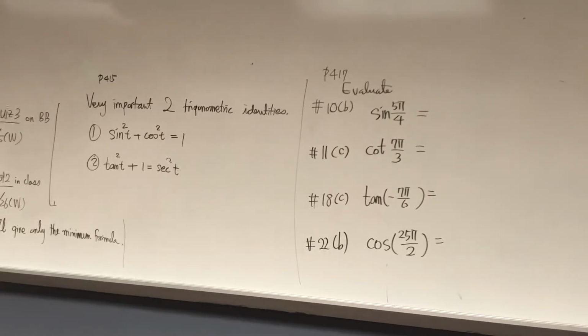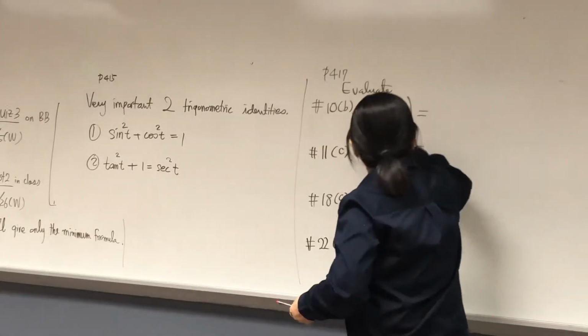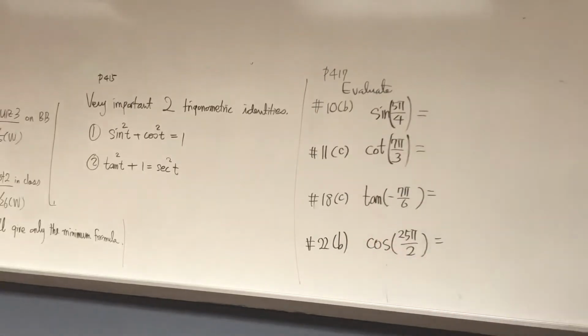Is that supposed to be cosine t? Which one is cosine? It's cotangent. Cotangent. This is cotangent. What is cotangent?